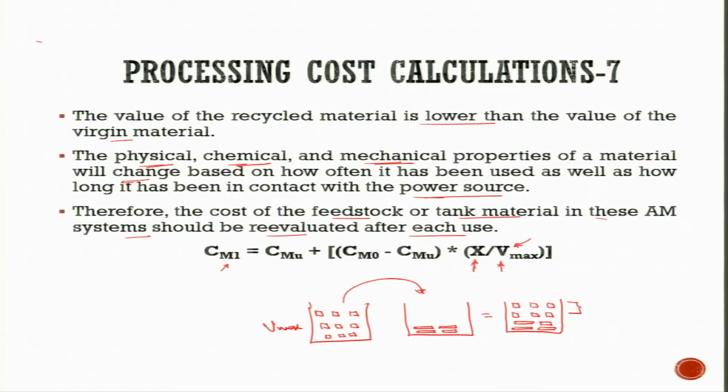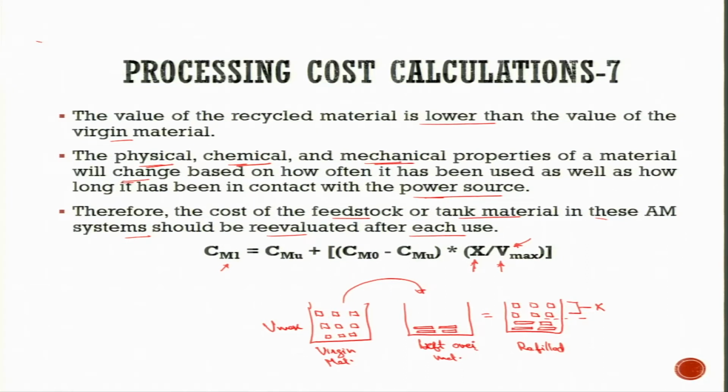This amount is X only, from here. X is the virgin material or the fresh material that is added, right? So I'll put it here. This is the virgin material, this is the leftover material, and we have refilled. But this is how it goes.